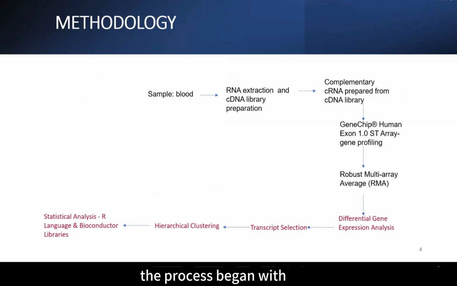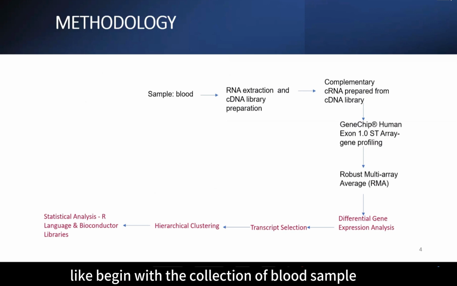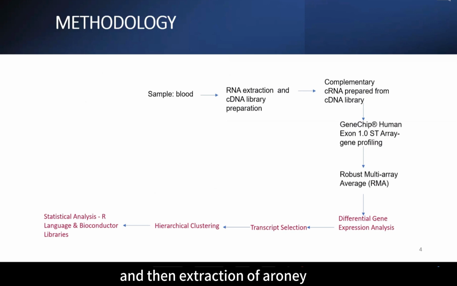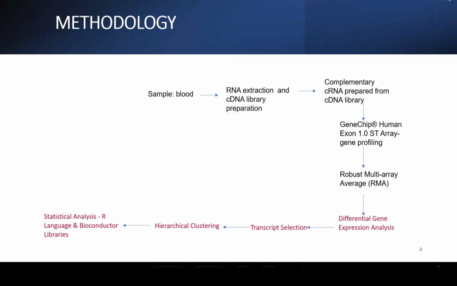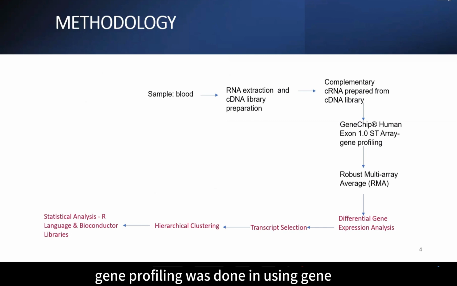The process began with the collection of blood samples, then extraction of RNA, and then creating a complementary DNA library. Then from the cDNA, a cRNA library was prepared, and using this library, gene profiling was done using the GeneChip Human Exon 1.0 ST array.